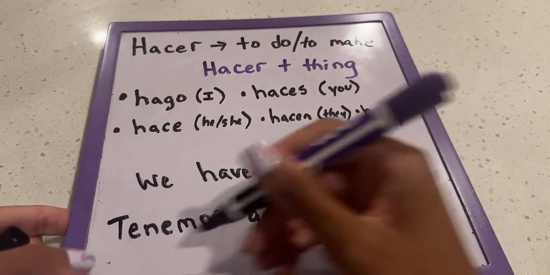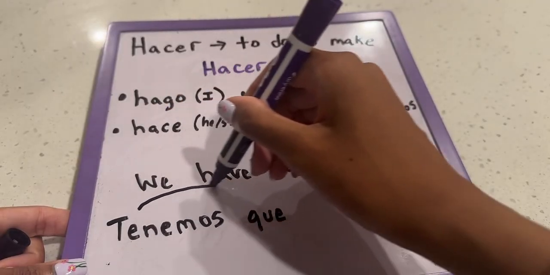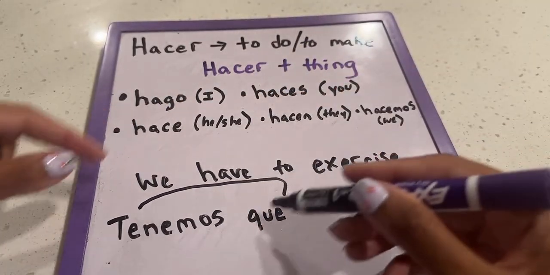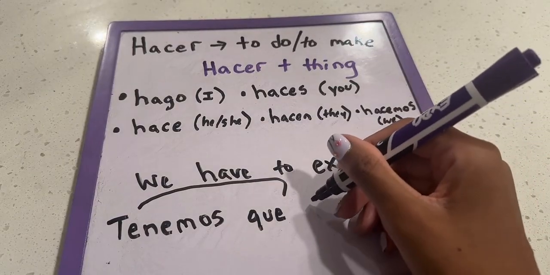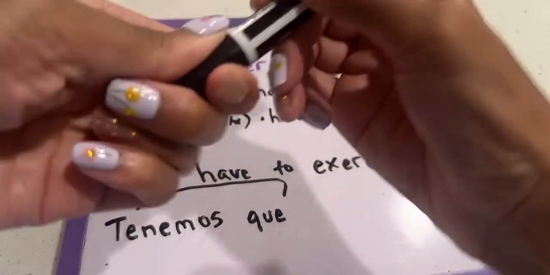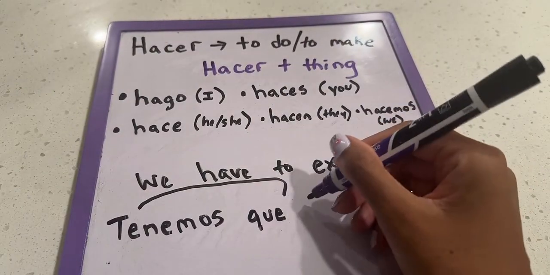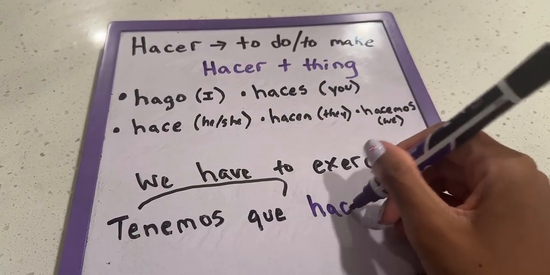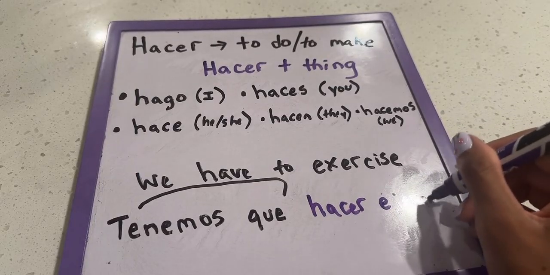All right, so tenemos que is we have to. That's what that's saying right there. And the word to exercise is literally hacer ejercicio. Okay, it's a phrase. So more like we have to do exercise.